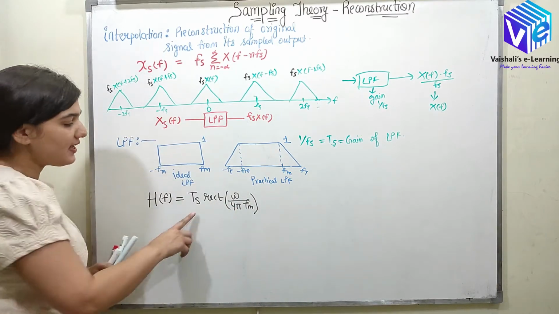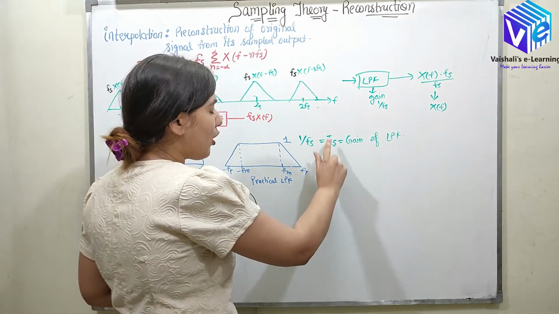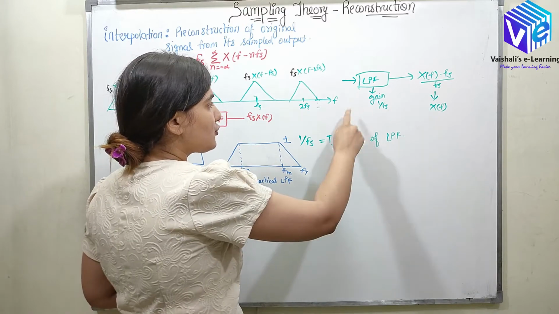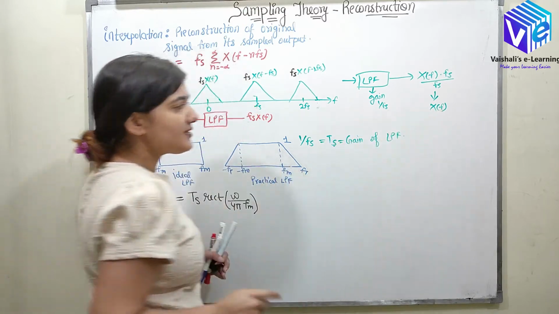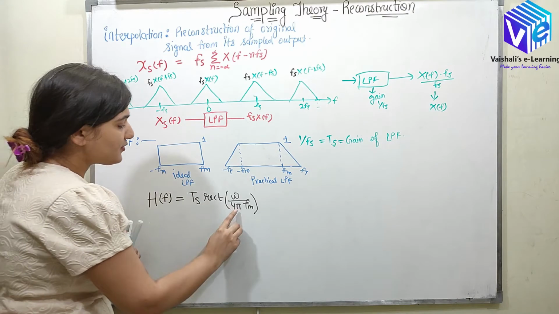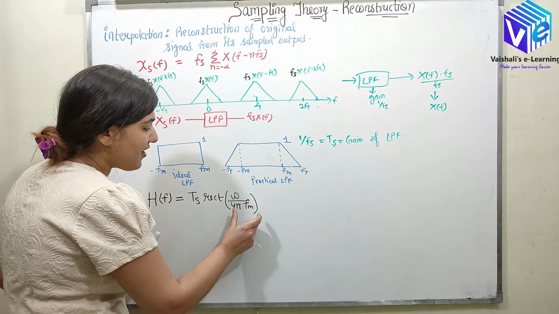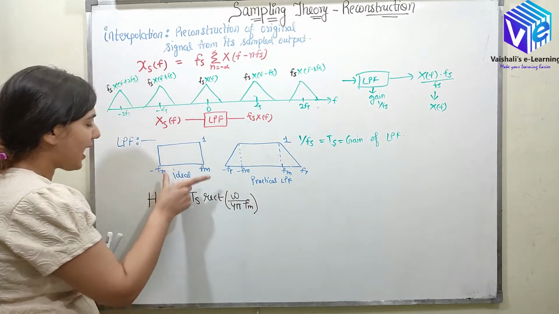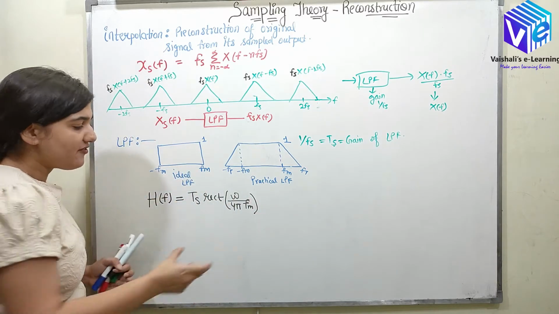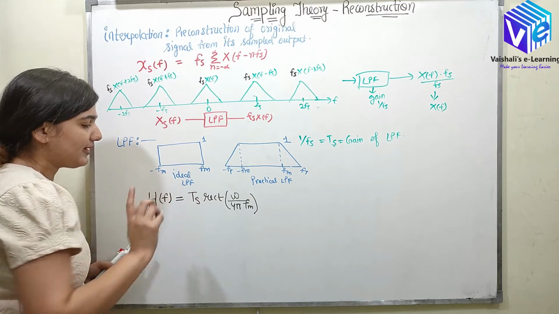What is Ts? Ts is the gain; I wanted the gain to be Ts so that I get the output as X(f). I can represent 4 pi Fm as 2 into 2 pi Fm. I require the bandwidth 2Fm, which is why I represented this filter like this.